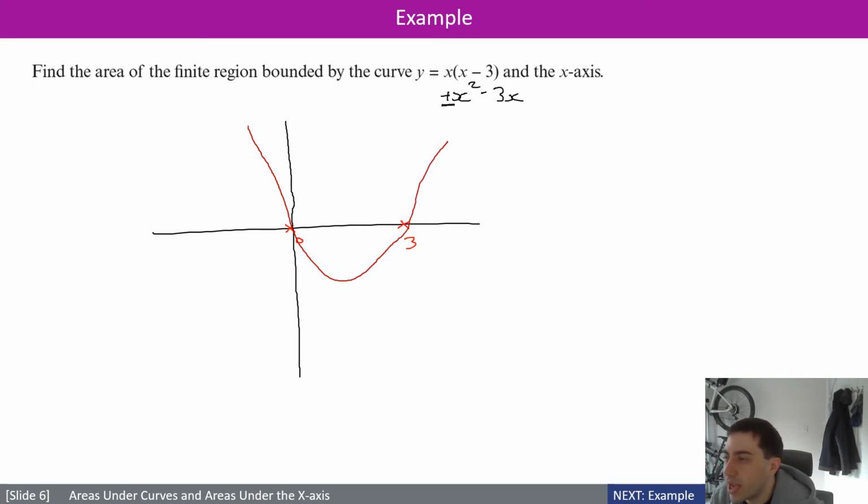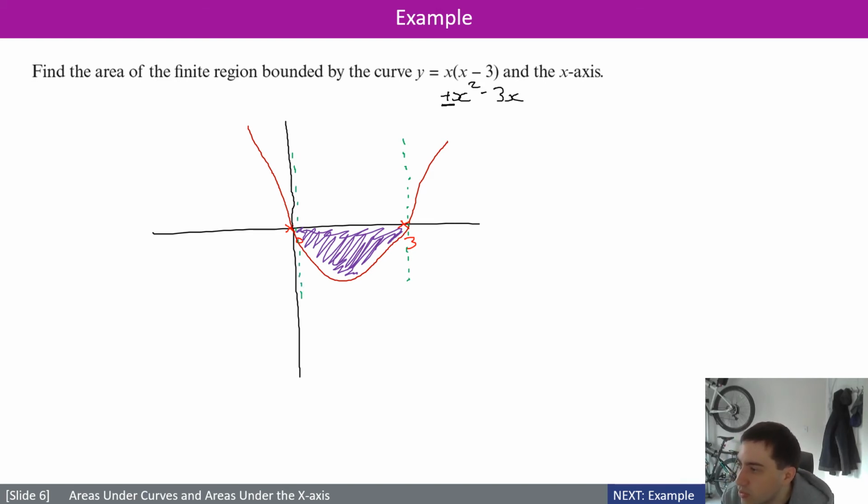Okay, and we want the area of the finite region bounded by the curve and the x-axis, that's this part. Okay, so this is one of those cases where the area we want to find is fully below the x-axis. Our imaginary lines representing the limits are here.